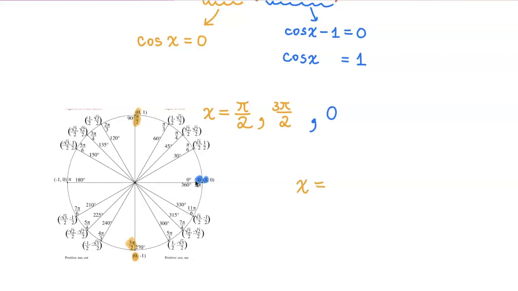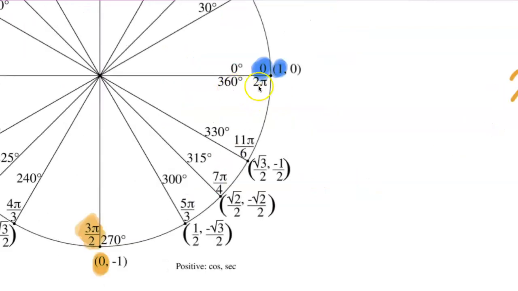x equals pi over 2 plus, now, you know, you can keep on going around the circle and get to this point, right? You can go around 360 degrees and be at this point. Or you can go around another 360 degrees and be at that point again. And 360 degrees is equal to what in radian? 360 degrees, look at that unit circle. 360 is the same as 2 pi.